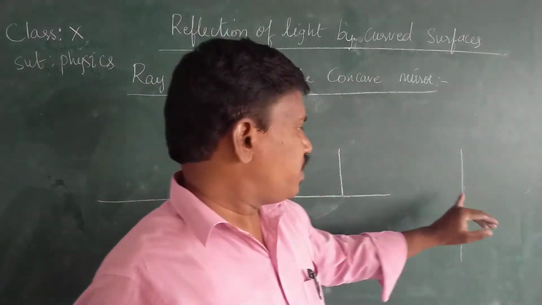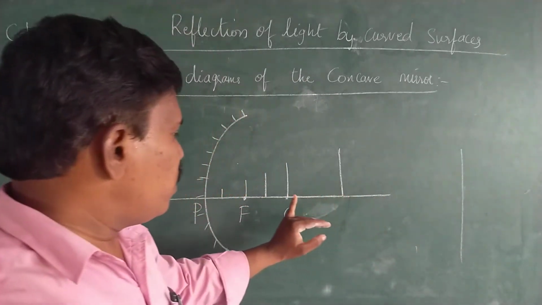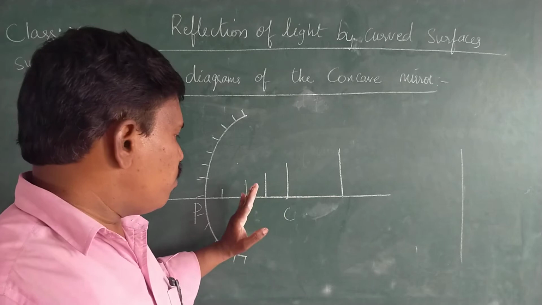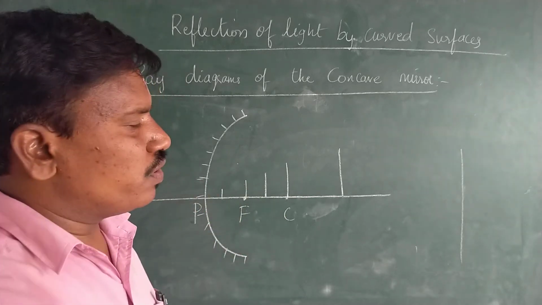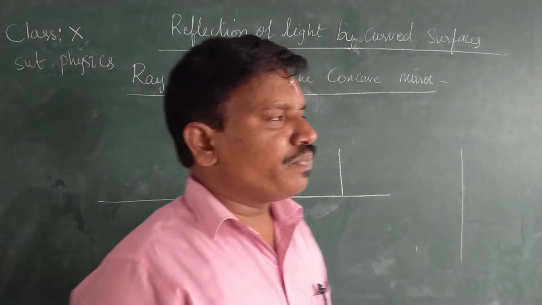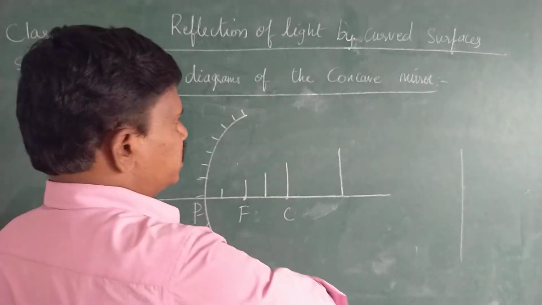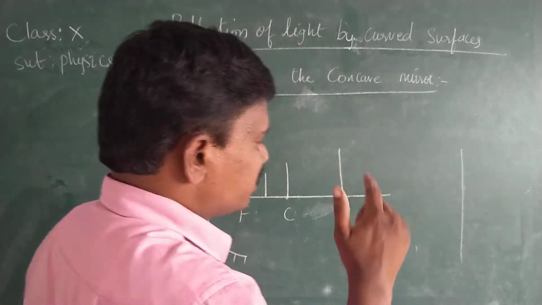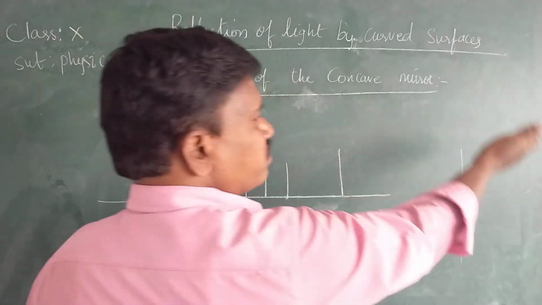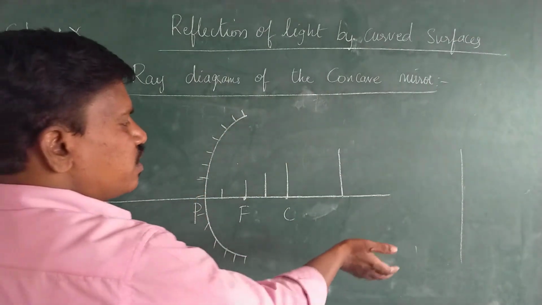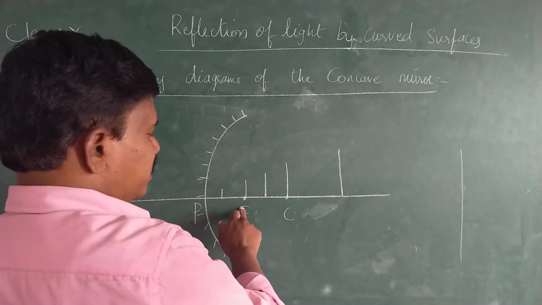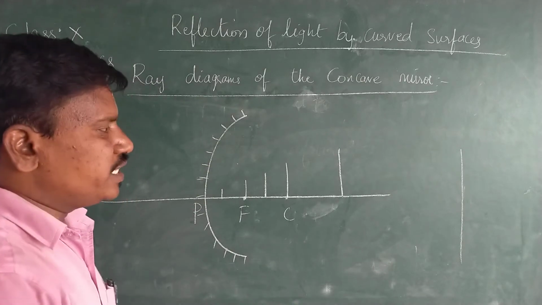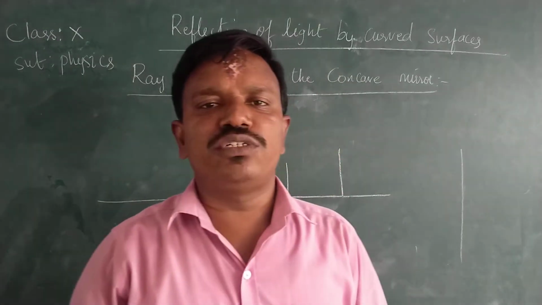After drawing, you should keep in your mind how to remember them: at infinity, beyond the center of curvature, on the center of curvature, between the center of curvature and the focal point, on the focal point, between the focal point and the pole.